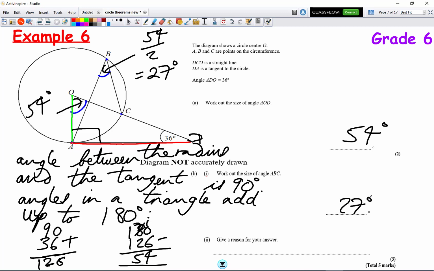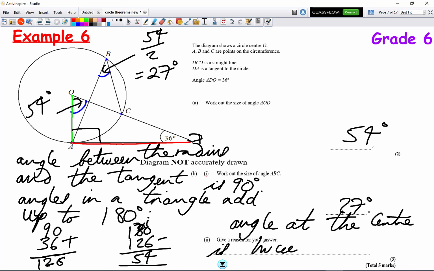Here's the important part: the angle at the center is twice the angle at the circumference. So let's write that a bit neater. Angle at the circumference. So that's definitely one to watch out for.